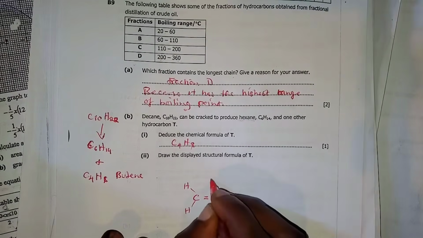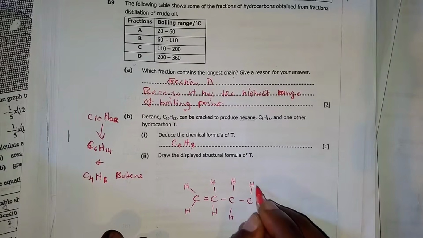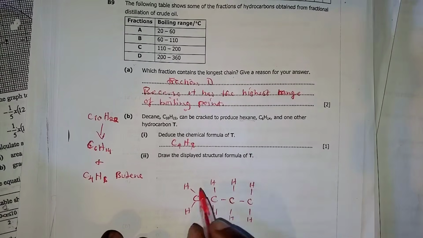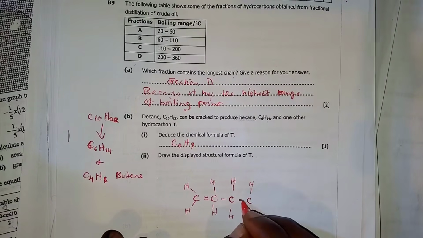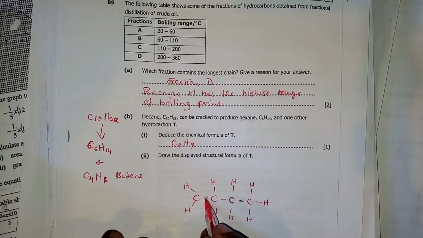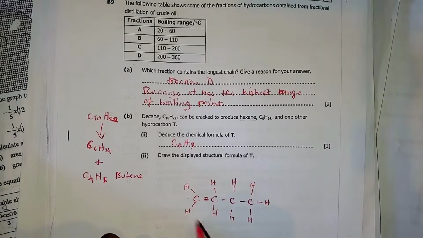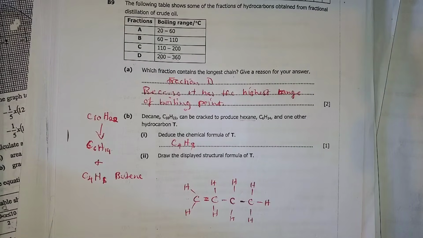Here we're going to have the displayed structure with hydrogen atoms like this. Since here this is a single bond, we have hydrogen here. You don't add hydrogen here because there's a double bond.